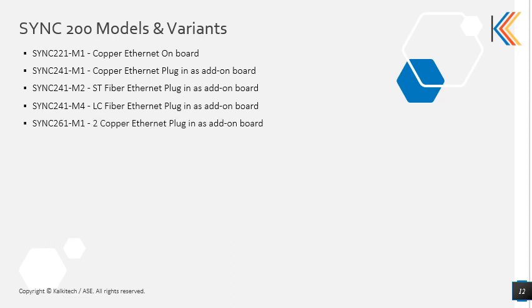Then the 261 has 2 copper Ethernet ports, with a plug-in add-on board available. It is a 2 Ethernet version, and we are coming up with a 2 fiber optic Ethernet plug-in version in future. So these are multiple OEM model variants, from which, depending upon the form factor and the requirement of different features, the vendor can choose.